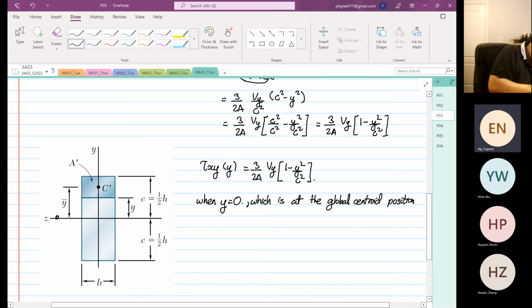If at this point over here, remember we say that this is our datum, right? So when y is equal to 0, the shear xy will become its maximum. Because this is 3/2A, Vy bracket 1 minus 0 over C squared.